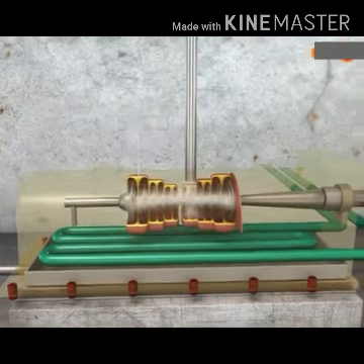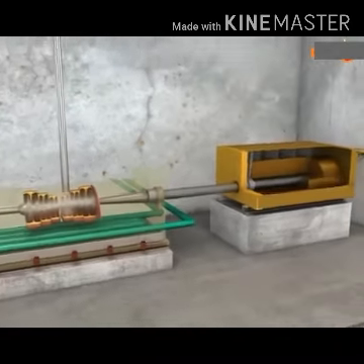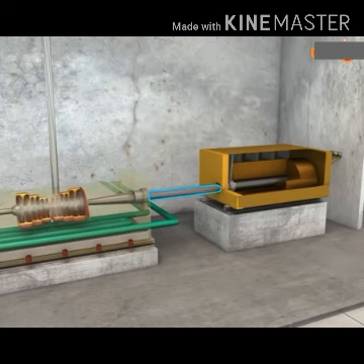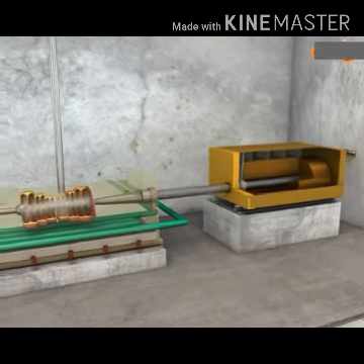A shaft connects the steam turbine to the generator. This shaft transfers the turbine motion to the generator. The generator uses an electromagnet to convert this mechanical energy into electrical energy.